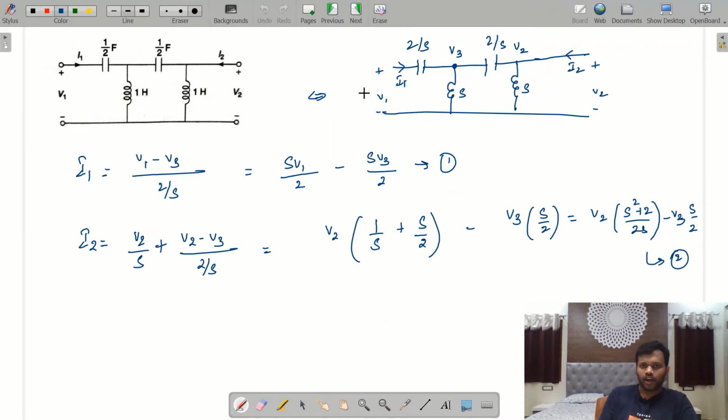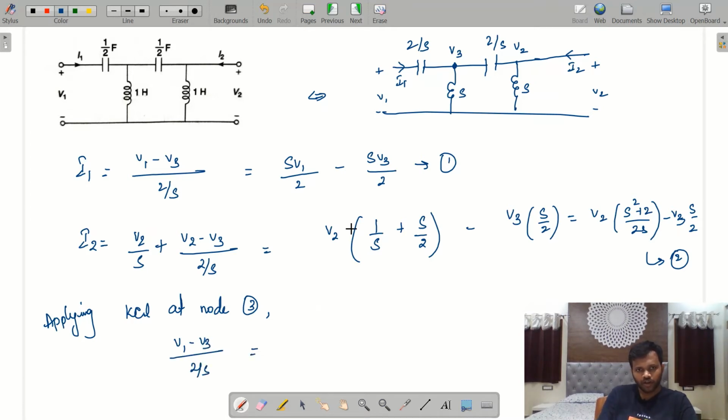Now by applying KCL at node 3, what can you write? V1 minus V3, this incoming current, V1 minus V3 divided by 2 by S, will be equal to the outgoing currents.